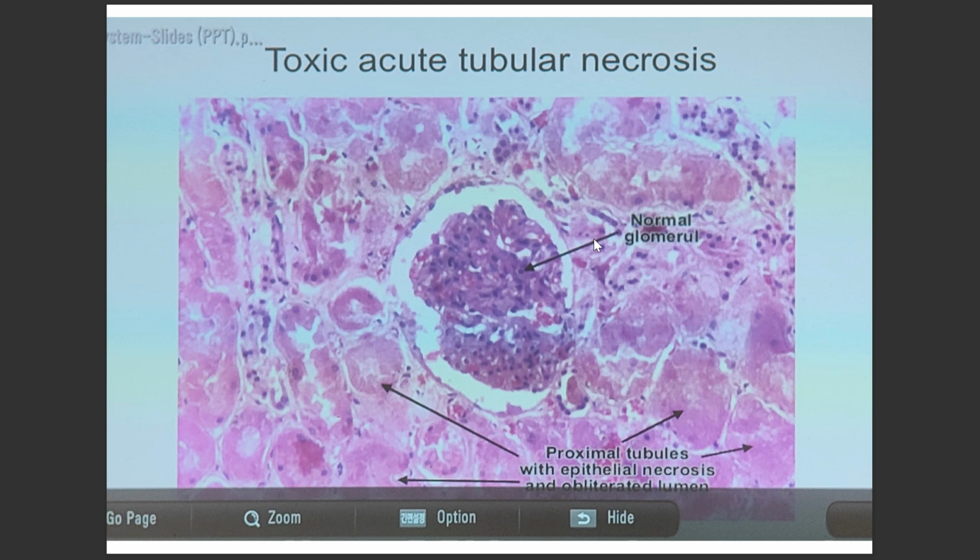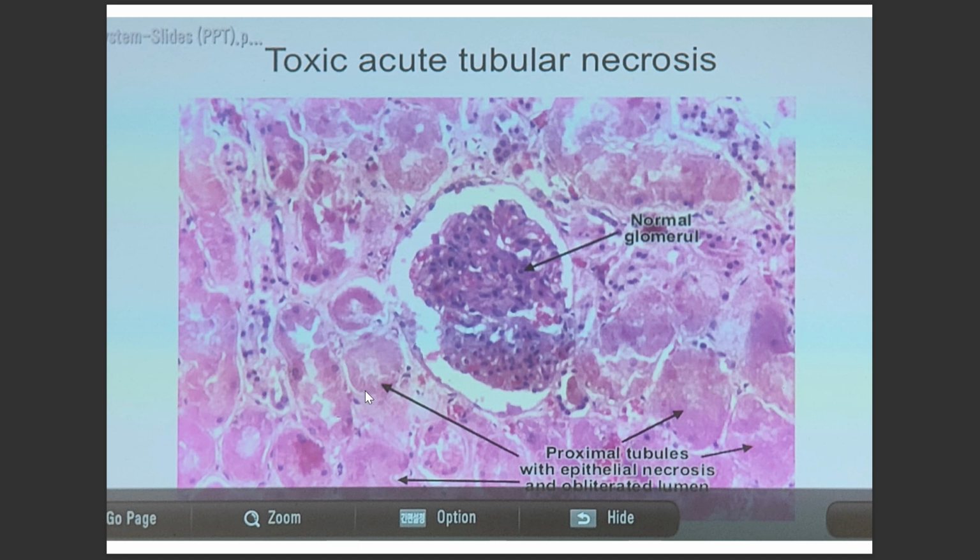This is toxic tubular necrosis. Why do we call this toxic tubular necrosis? Because you see that these are the proximal convoluted tubules, and they are necrotic. How do we understand necrosis? In normal proximal convoluted tubules, the layer of cells will contain nuclei, but here no nucleus is present.